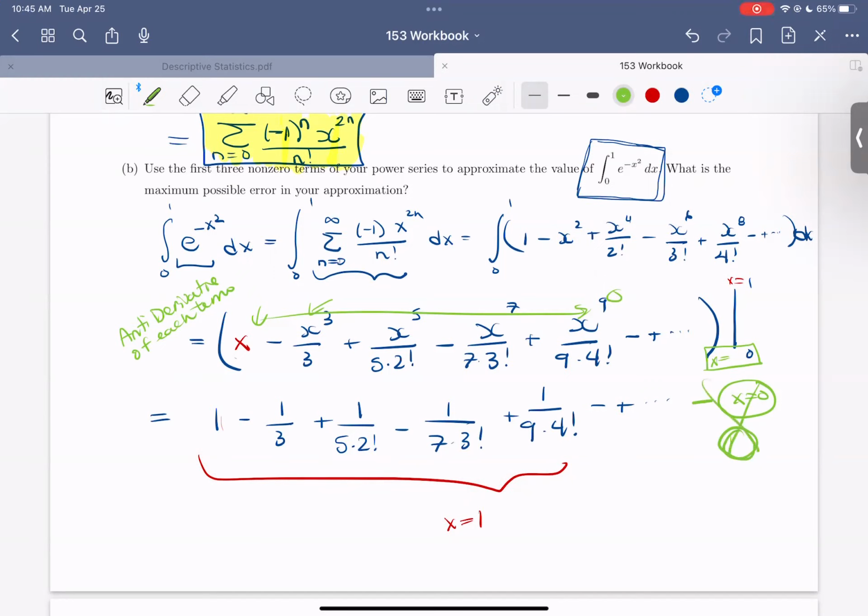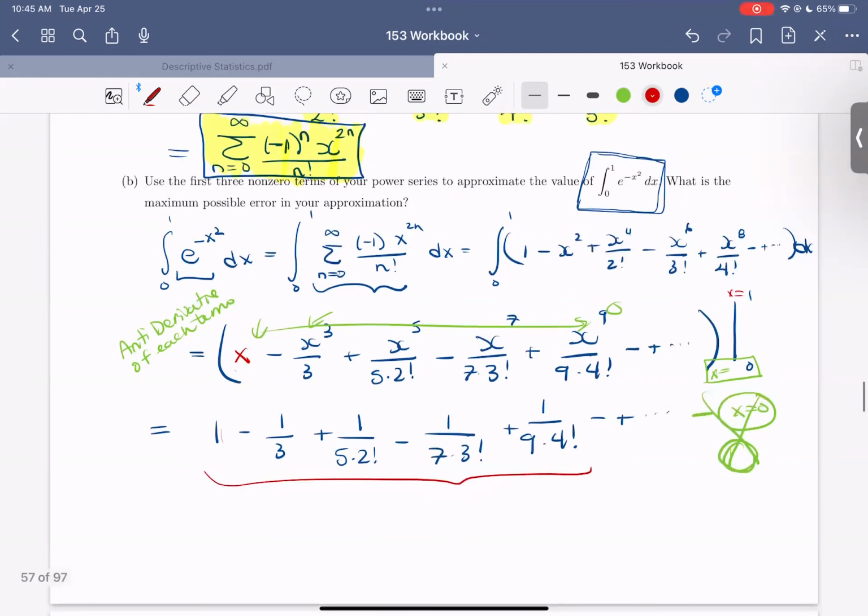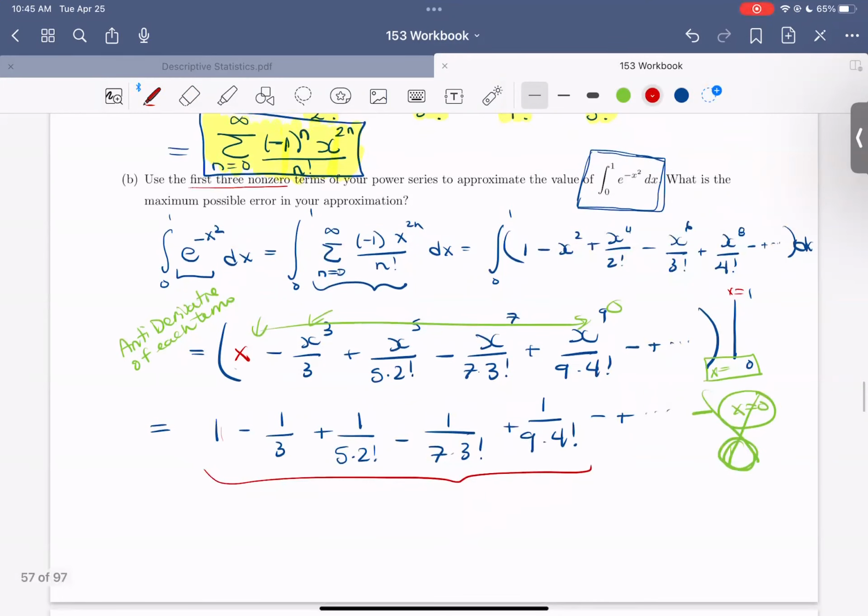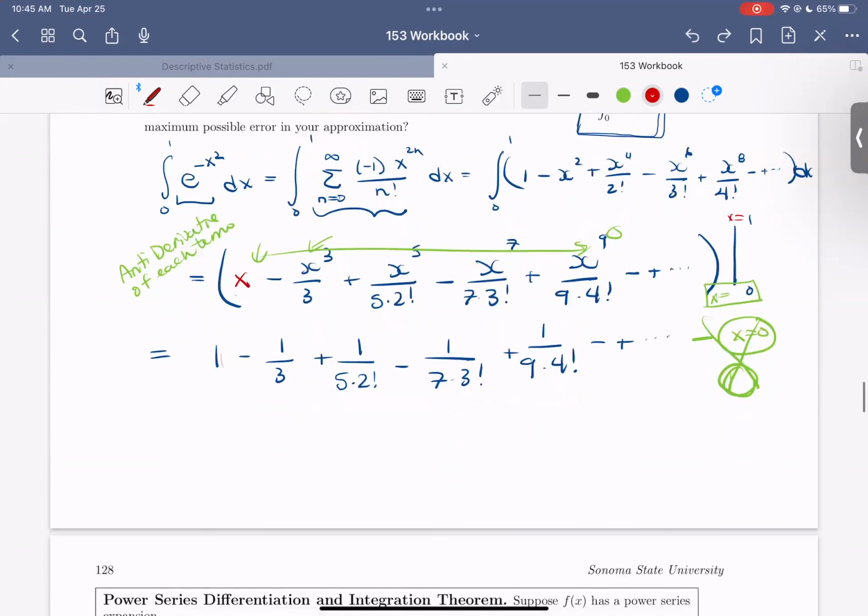Okay. So a couple things here. That would mean that this integral would just become this summation that we have written here. But in this problem, part B, it says use just the first 3 non-zero terms of your power series to approximate the value. So let's take a look at those first 3 terms. The first 3 terms of my power series are going to land me here.